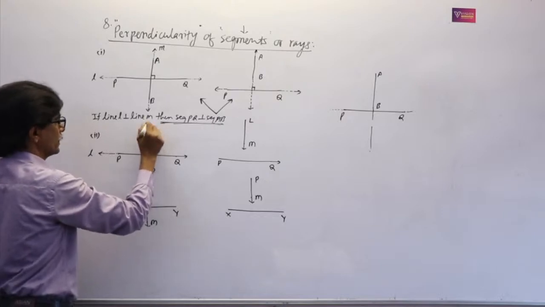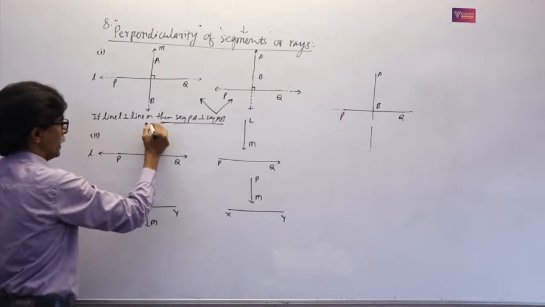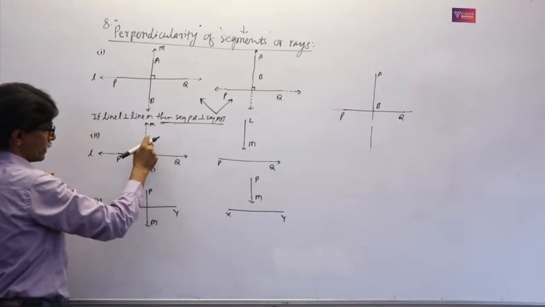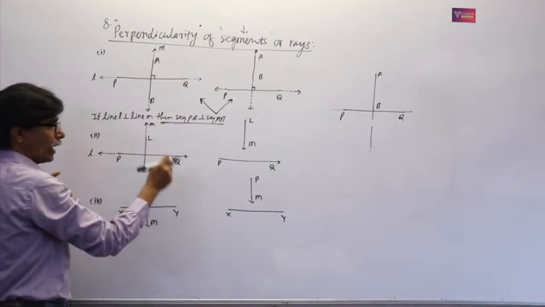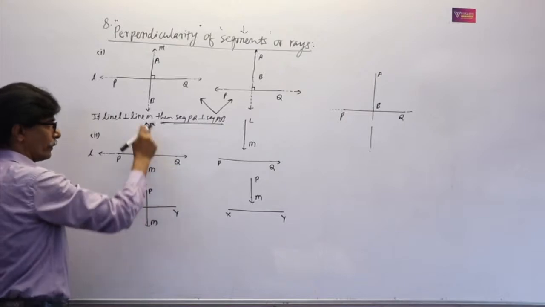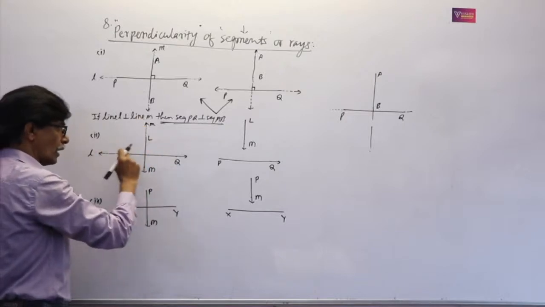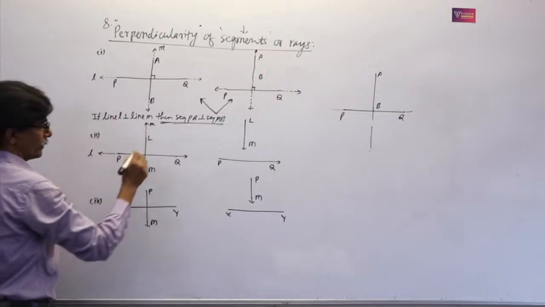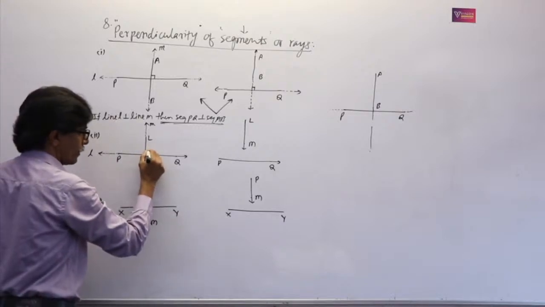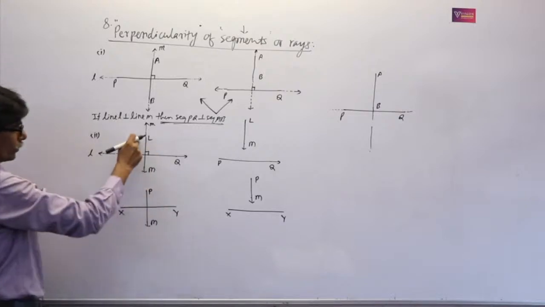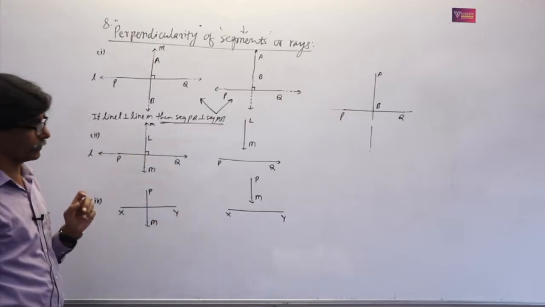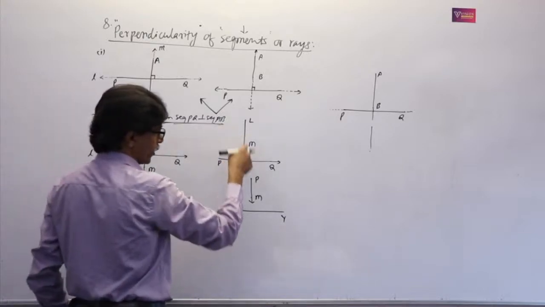I say that ray LM and ray PQ are perpendicular to each other if these lines containing them are perpendicular to each other. If the lines containing the rays are perpendicular to each other, then the two rays are said to be perpendicular to each other. Though there is a gap, don't think of this gap.